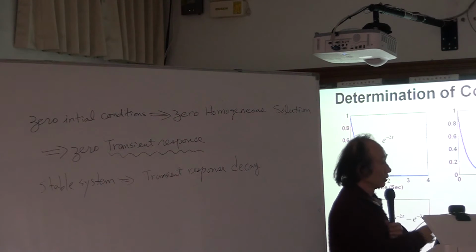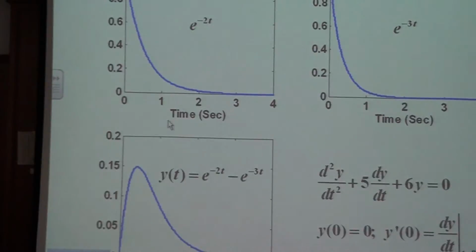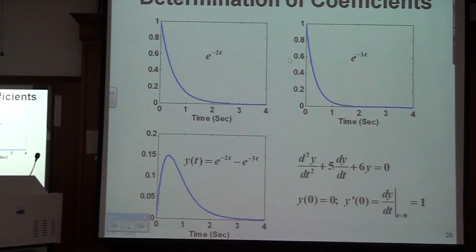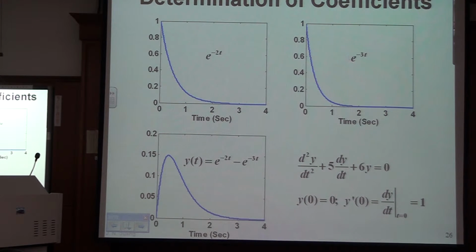That's for a stable system, because all my real parts are -2, -3, and so on. Because the real parts are all negative, this is a stable system. For a stable system, the transient response will decay to 0.